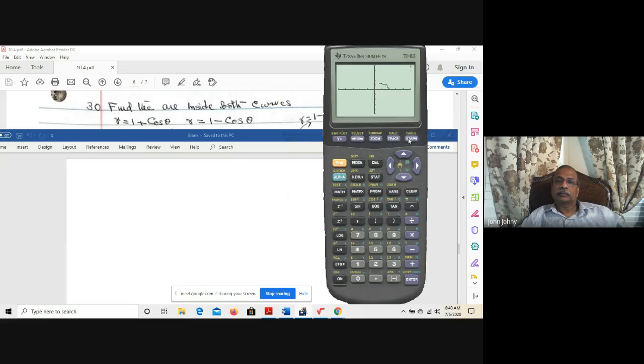That is again a cardioid like this. Then 1 minus cos theta. It is going to be on the other side. I'm going to change the window to make it more clear.